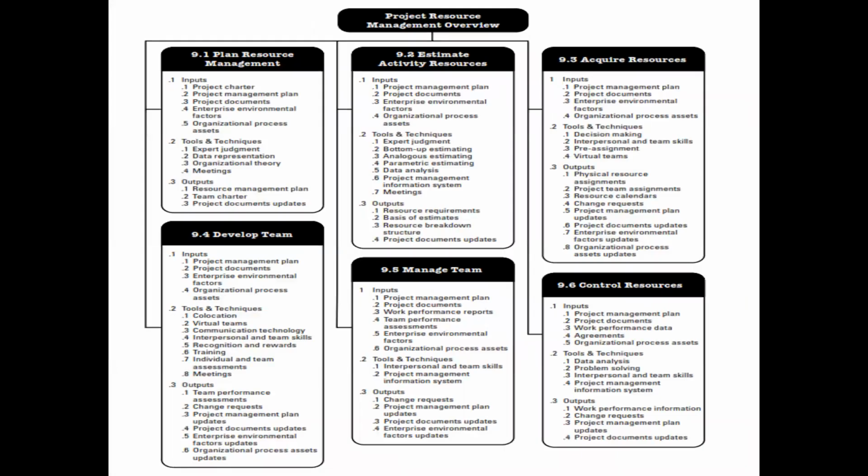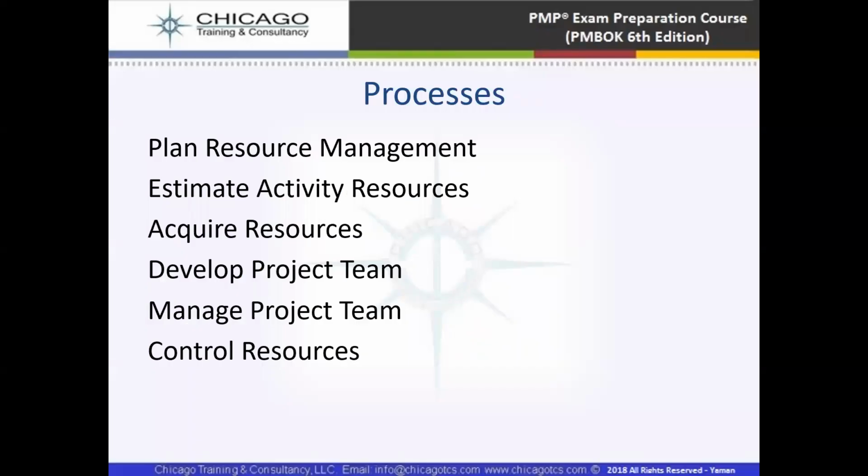Here is our view of the project resource management. These are the processes: plan resource management, estimate activity resources, acquire resources, and then develop the team, manage the team, and control the resources. So we'll start with planning the resource management.